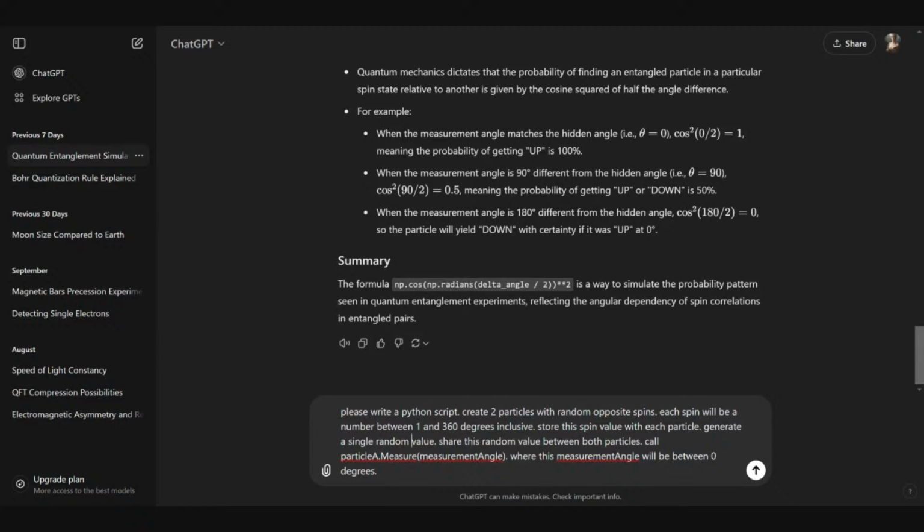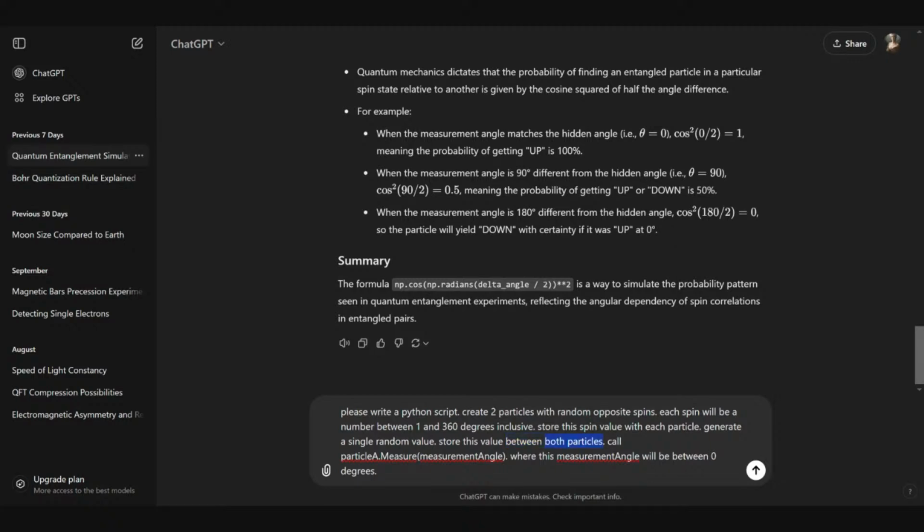Generate a single random value, share this value between both particles. Store this value, have both particles store this value.